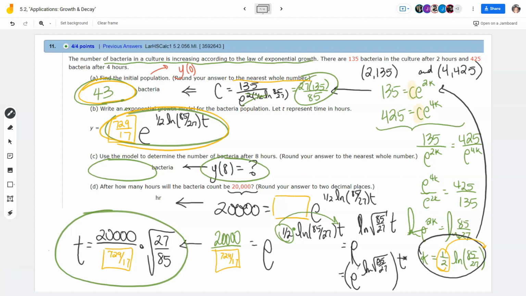So, it would probably be way easier. So I could undo the e to the ln, but then I have the square root of 85 over 27 to the t. How do I get rid of that? It probably would have been way easier if we had just taken ln of both sides way back here. I tried to get rid of it, but I didn't realize that t wasn't attached. That was my own incorrect assumption.